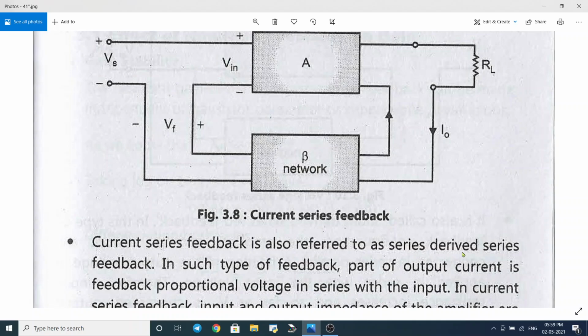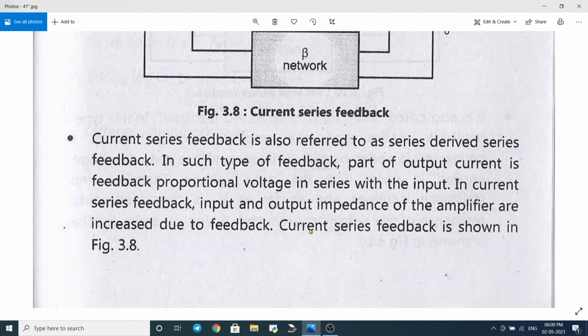So series derived series feedback will increase the output impedance and it will increase the input impedance also. See, both input and output impedance of the amplifier are increased because a series combination increases the resistance.